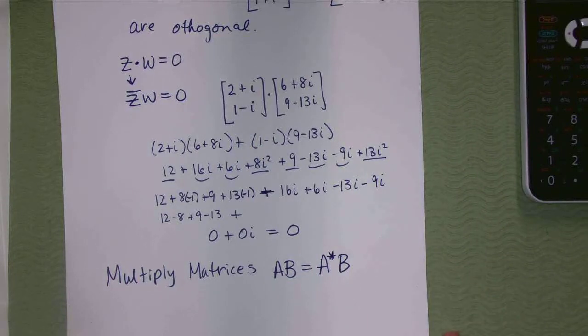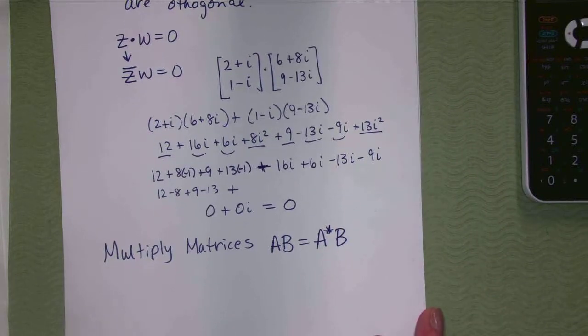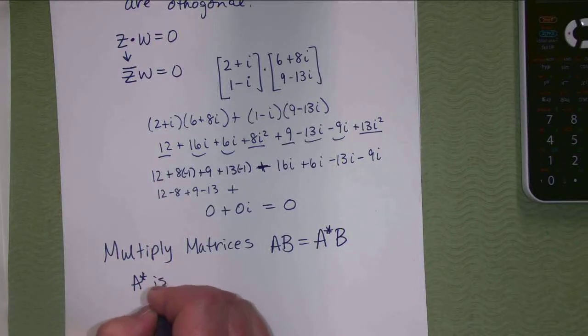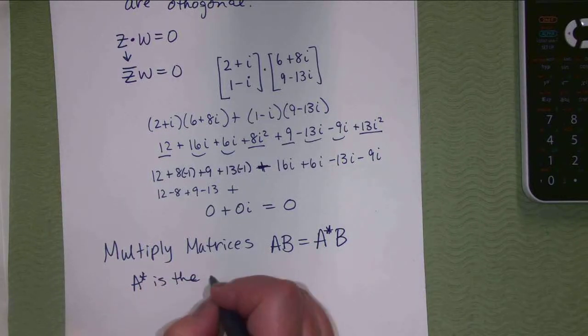It's the conjugate. They don't put a bar over it though, they put a star. Where A star is the complex conjugate.